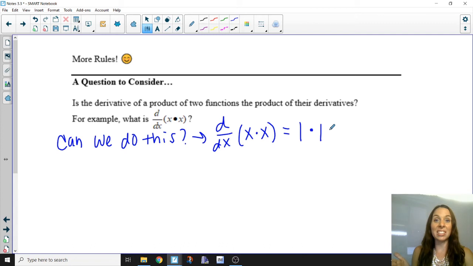The derivative of x is 1, right? Because the slope of x is 1. So we have a derivative of 1 here, we have a derivative of 1 here, we multiply them, and we get an overall answer of 1. Does that work? Does that make sense? Think about what x times x is as a function. It's x squared, right? Is the derivative of x squared equal to 1? No.